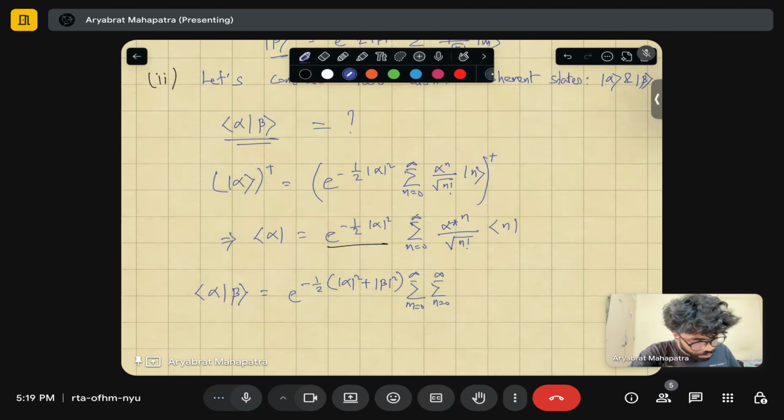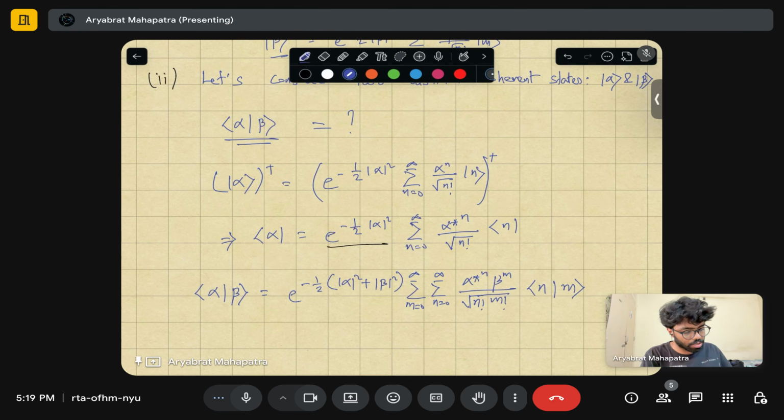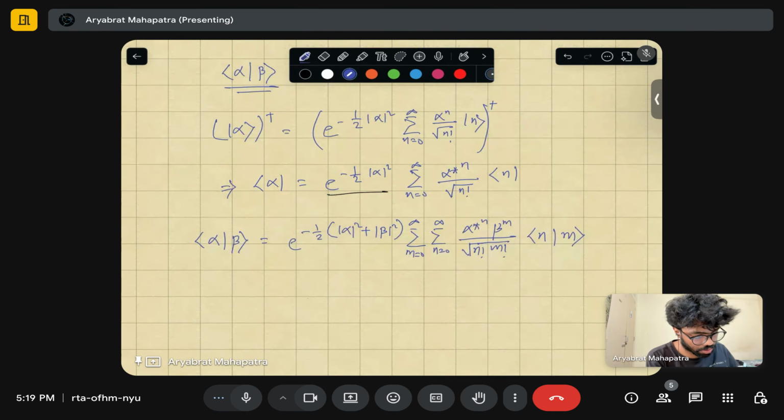Then we have alpha star to the power n, beta to the power m, n factorial, and the same square root again of m factorial, and the inner product of n and m. So this is what you will get if you try to do this inner product.